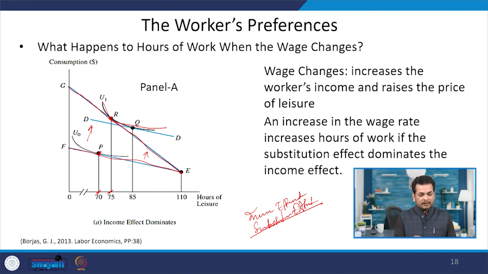To isolate this income effect, we have drawn a parallel line D dash to this FE budget constraint, which is tangent to the utility function at point Q on this U1 utility function.